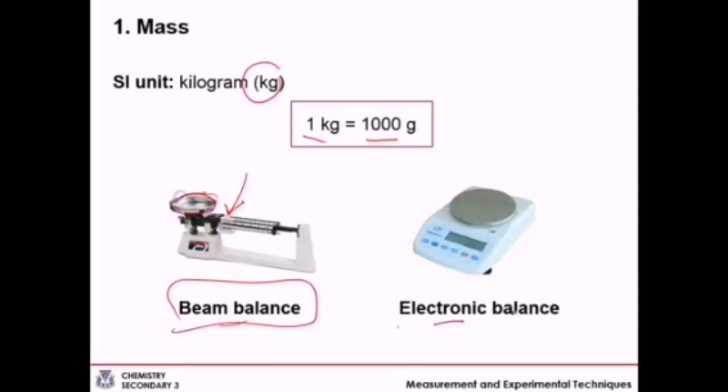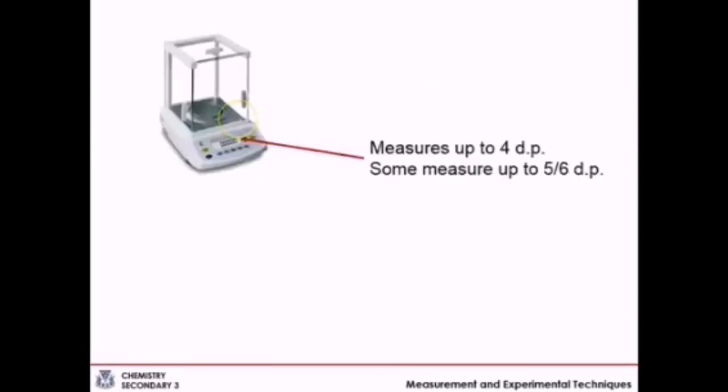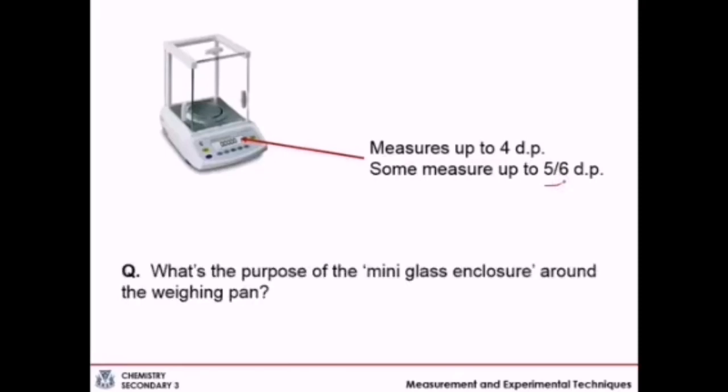Both can measure the mass to an accurate value. Sometimes there is a jar or glass cover over the mass meter, so it measures up to 4 decimal or 5 to 6 decimal places. So the question is, what is the purpose of the mini glass enclosure around the weighing pan?